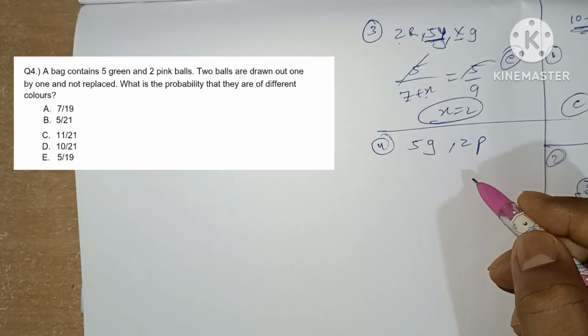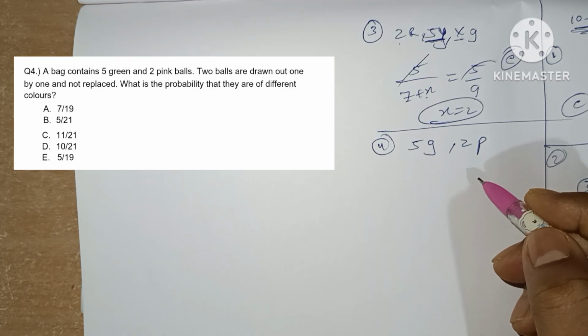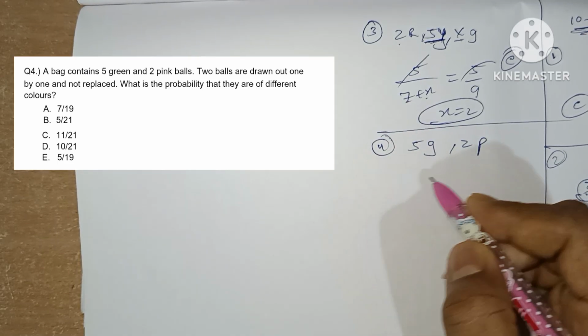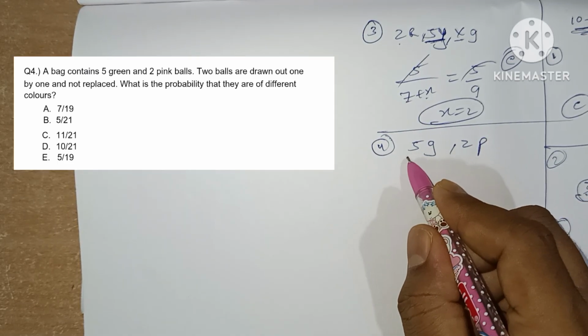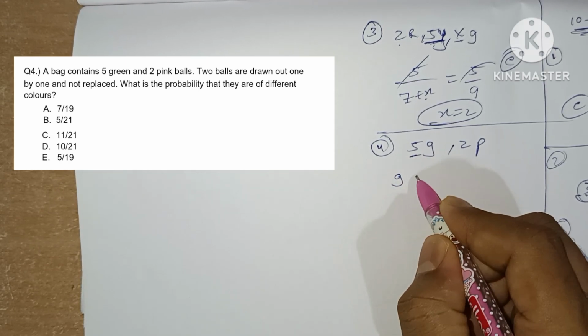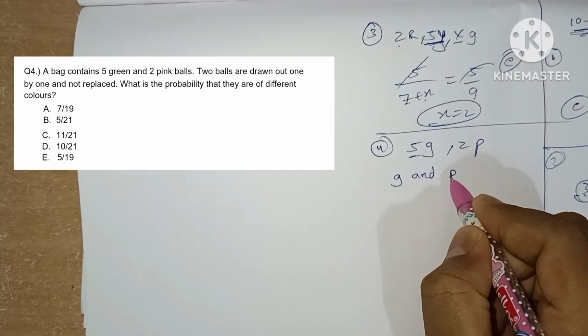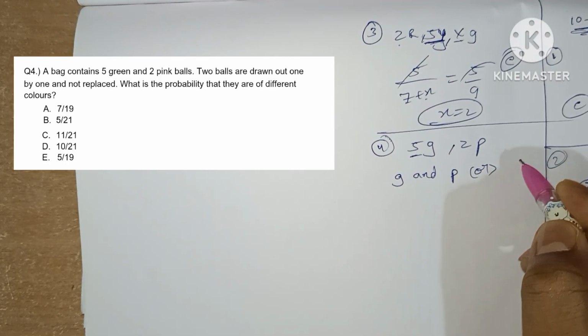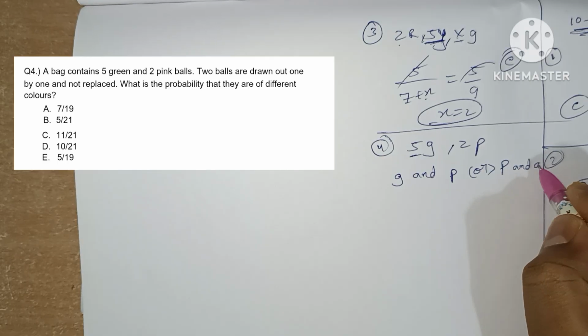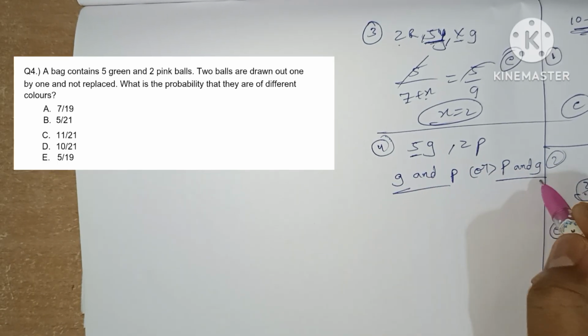What is the probability that they are of different colors? So there are 2 possibilities. In the first, we take a green ball and then a pink ball, or else first we take a pink ball and then a green ball. These are the two cases we have.